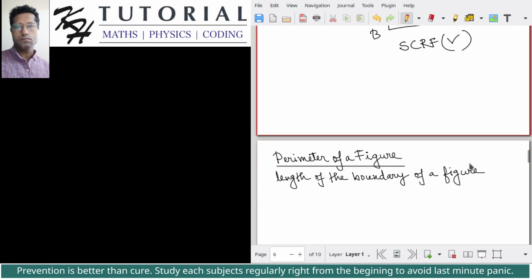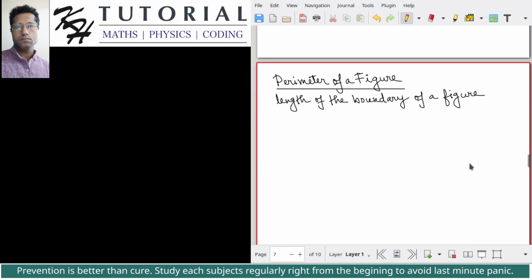Okay. Now let's try to understand what is meant by the perimeter of a figure. By perimeter of a figure, we mean the length of the boundary of the figure.